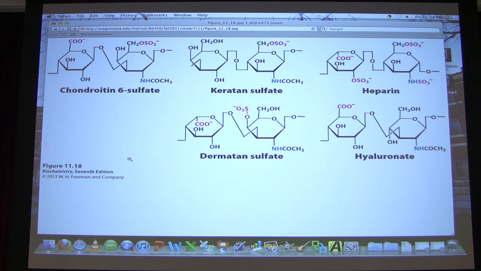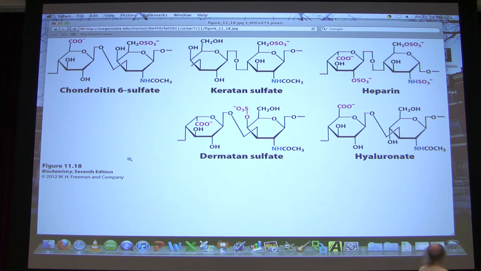These polyanionic substances don't like to interact with each other. They all repel each other because they're all full of negative charges, and you put enough of them together in solution, you really will alter the chemistry of that solution and create something that we think of as an oil in terms of how slippery it is, but in fact it's an aqueous solution. That's a pretty cool property of our system.